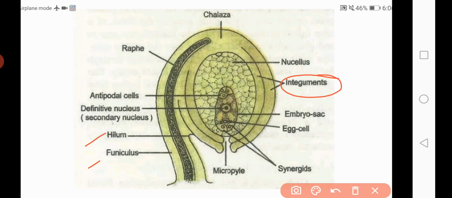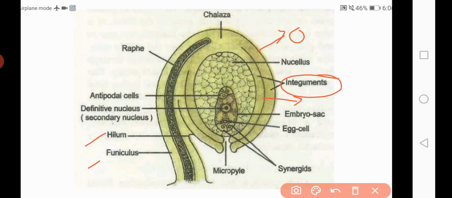In this ovule, it contains two integuments: this one is the outer integument, and this one is the inner integument. Understood? So the ovule consists of a protective layer which is called the integuments.